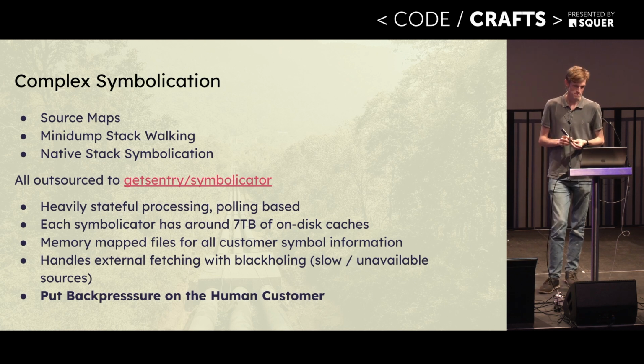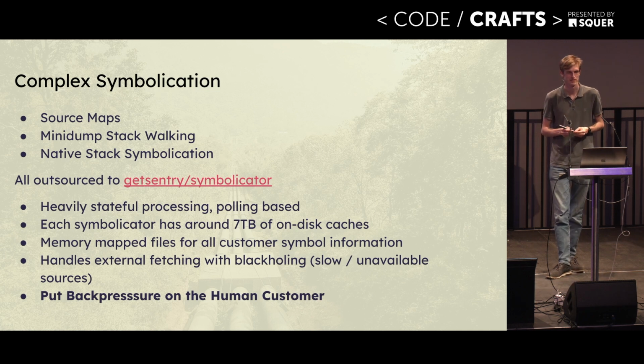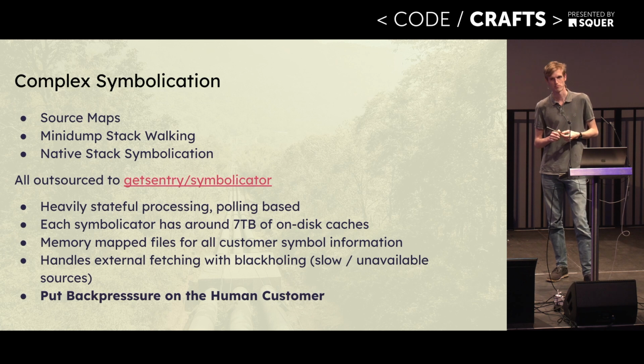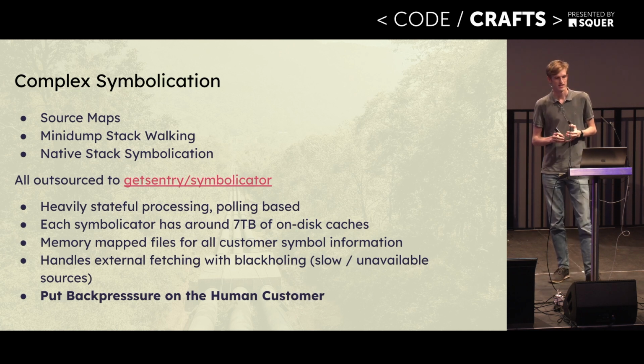This is, I think, a very Sentry specific problem, but the shape of the problem is common, which is that certain types of processing require a lot of data, too much data to put in the conventional caches.